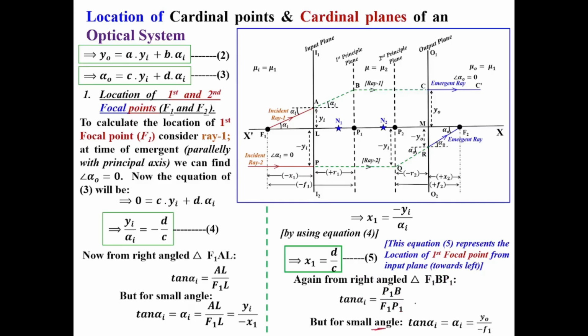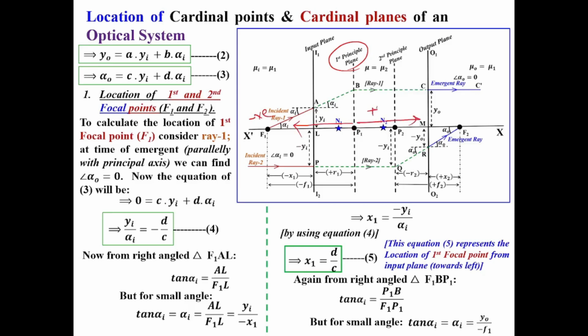But for a small angle, tan alpha I is nothing but alpha I, and P1B from the figure, this height, is nothing but your yo, and as this height is taken from the principal axis upwards, it will be a positive sign. Here F1P1, this length is taken from point P1. So from the first principal plane, if we move towards left according to sign convention, we have to consider a negative value.